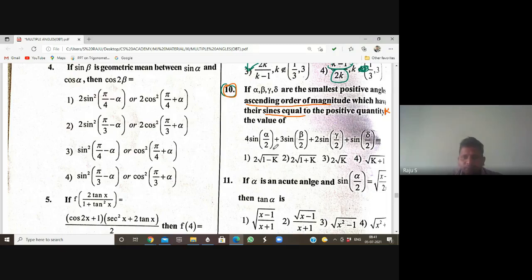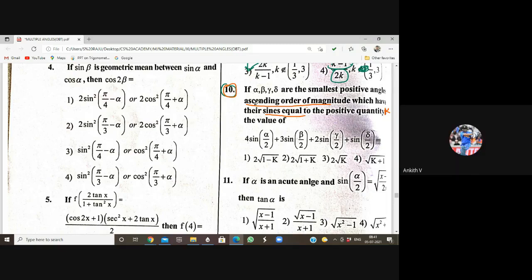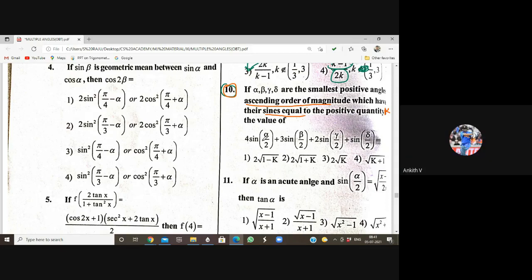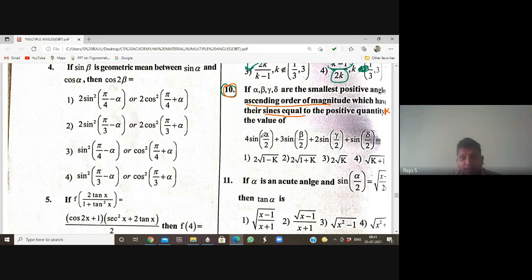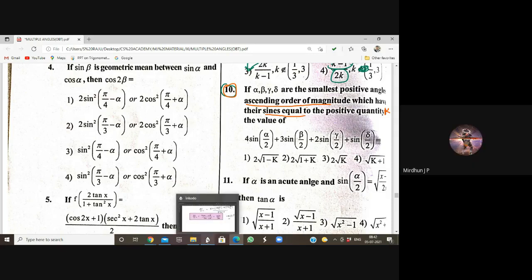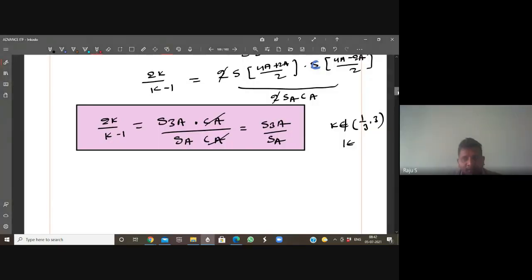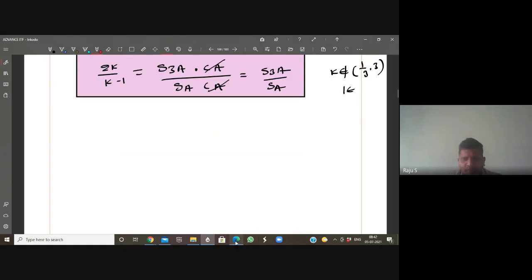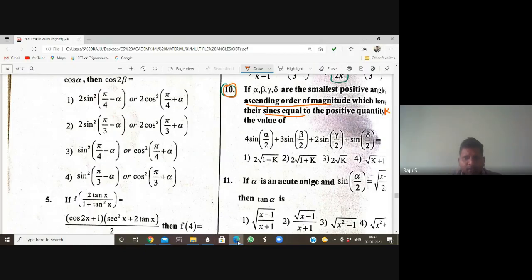Students, we can apply the alpha by 2 formula. What is the formula you want to use here? Is there any formula in terms of submultiple angles? What will you write here? We can write 1 minus cos alpha, under a square root.